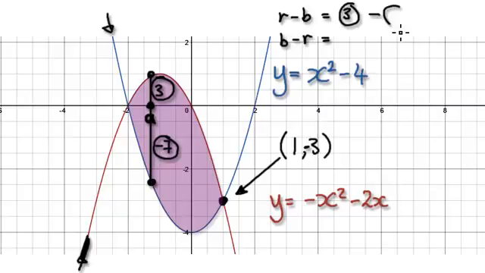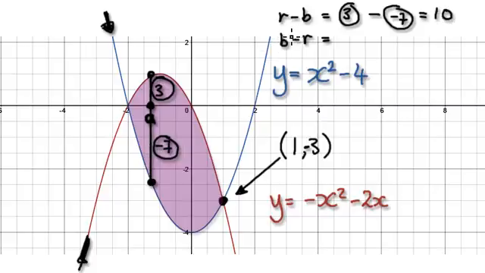Take away the blue line, which gives -7. So now you've got 3 take away -7. That will give you a +10. So this length here will be a positive 10.